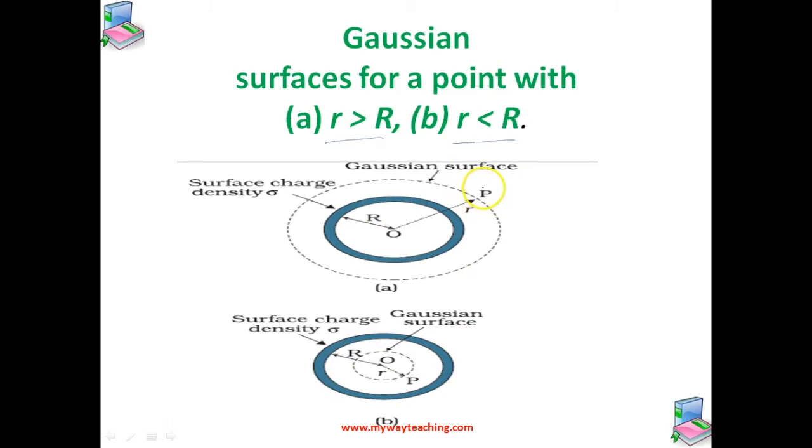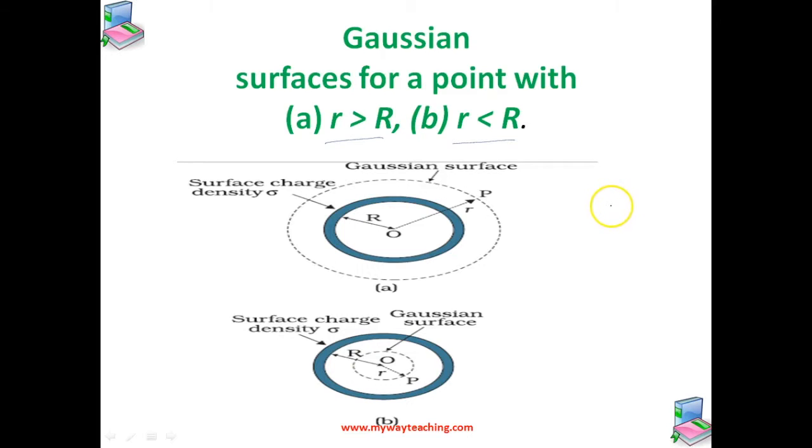So we are considering point P here outside the shell with radius vector r. To calculate E at this point P, we take the Gaussian surface to be a sphere of radius r with center O passing through point P. The electric field at each point of the Gaussian surface has the same magnitude E and it is along the radius vector at each point.